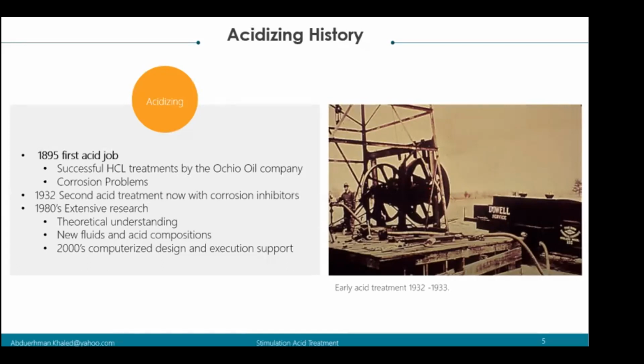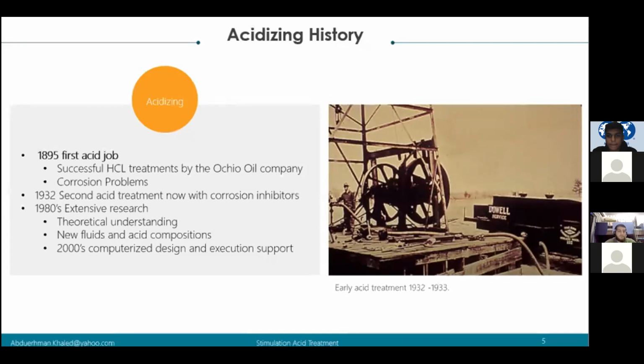And this, as you can see here, is a picture of an acid treatment about 30 years earlier. For those who are aware of it, it already shows the name of Dowell, the company that was set up by Dow Chemicals and was later taken over by Schlumberger. For a while it was known as Dowell Schlumberger, then became Schlumberger Dowell, and now the Dowell just disappeared and it's only Schlumberger.